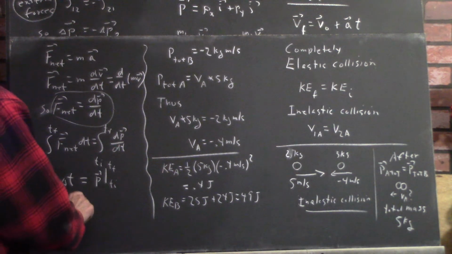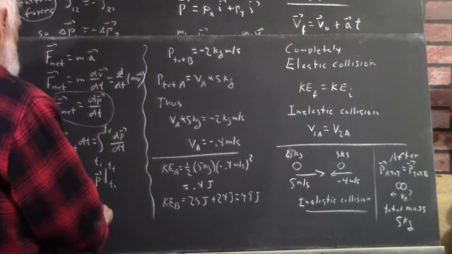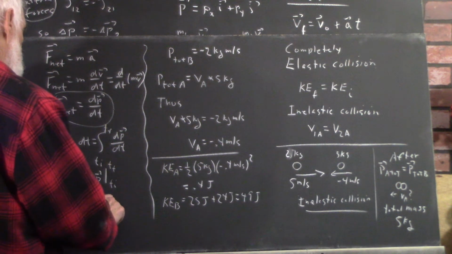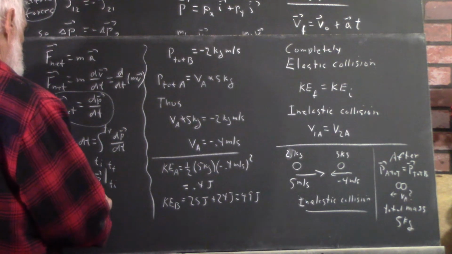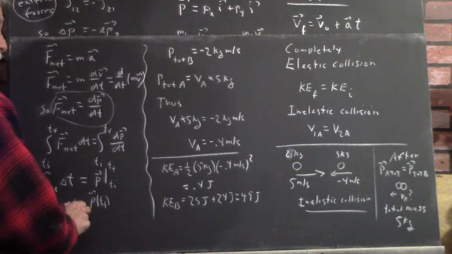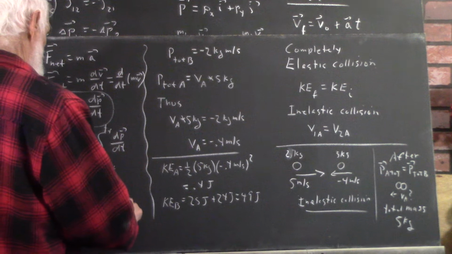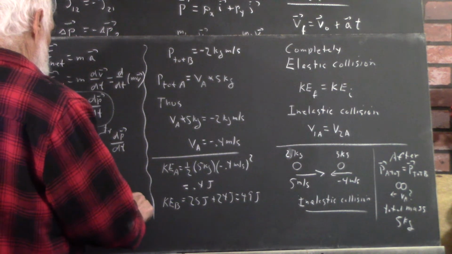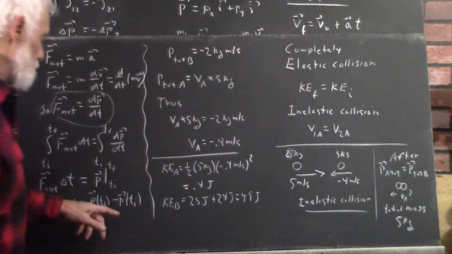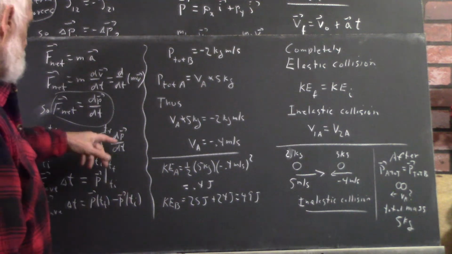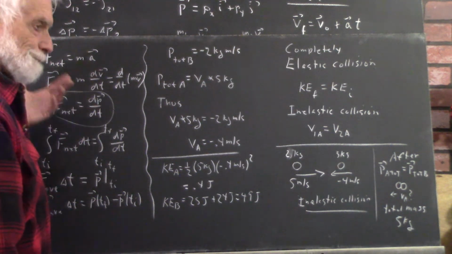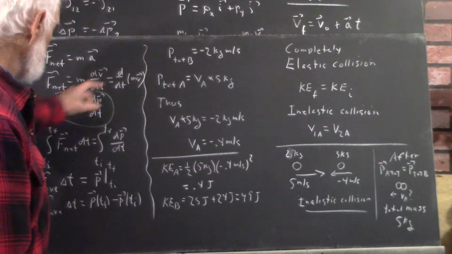So your average force times delta t equals p evaluated at tf. Function notation, p evaluated at tf, not p multiplied by tf. Minus p at ti. Remembering that p is the symbol we use for momentum, mv.